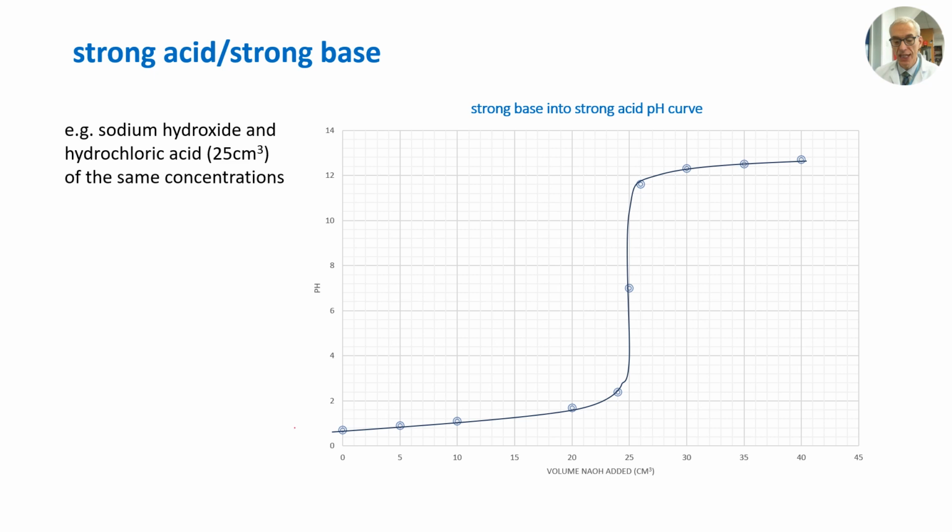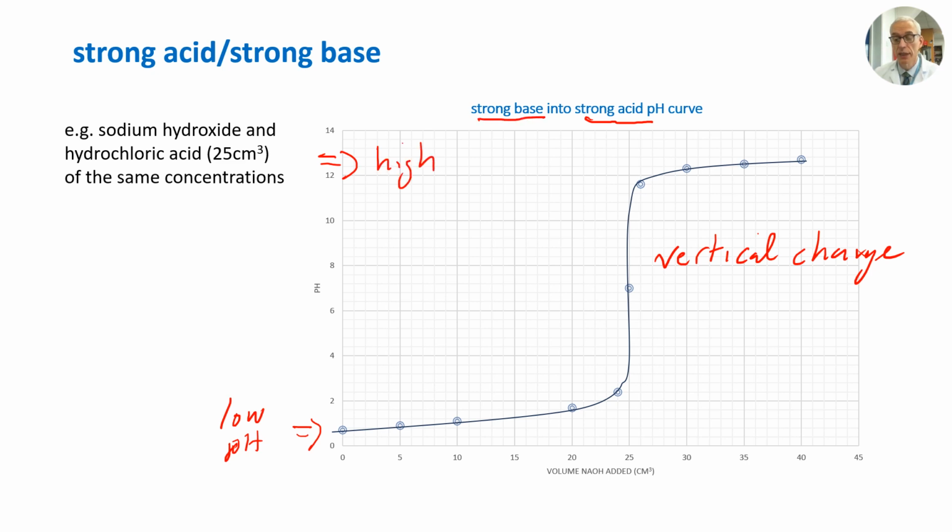Well, we can see here that we're starting at a low pH, so that certainly implies that we're starting with a strong acid. We get a vertical part of the curve, a vertical change in pH, and then we reach a high pH here, so that would tell us that we have an excess of strong base.